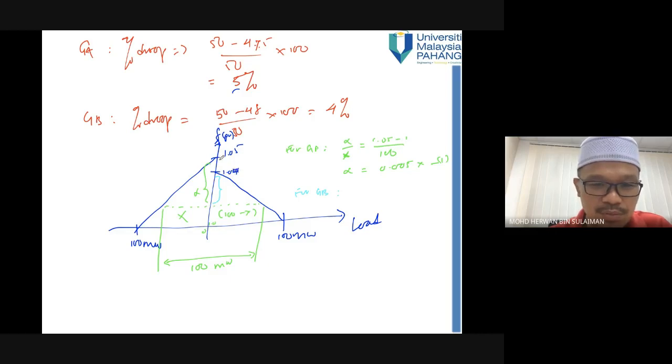So meaning that this one is 0.01, the difference. So here it is alpha minus 0.01 divided by 100 minus X. It must be equal to 0.04 divided by 100. So this is equation number 2.